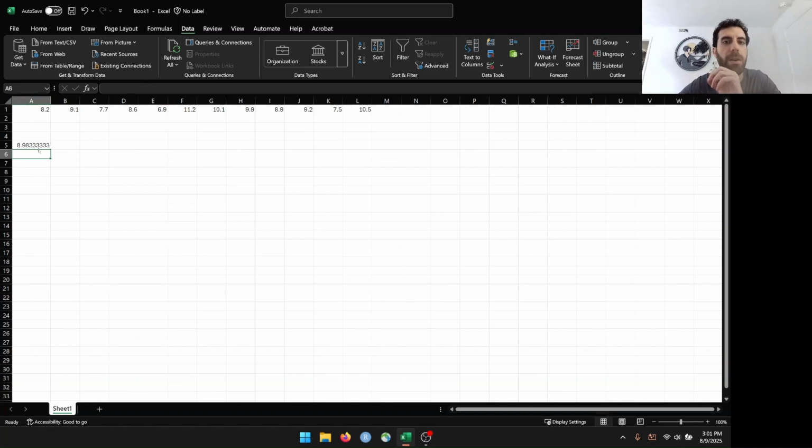And our margin of error is made up of two pieces. The order doesn't matter because it's multiplication. One of the pieces is the critical value of the distribution of your point estimator, and the other portion of your margin of error is the standard error.